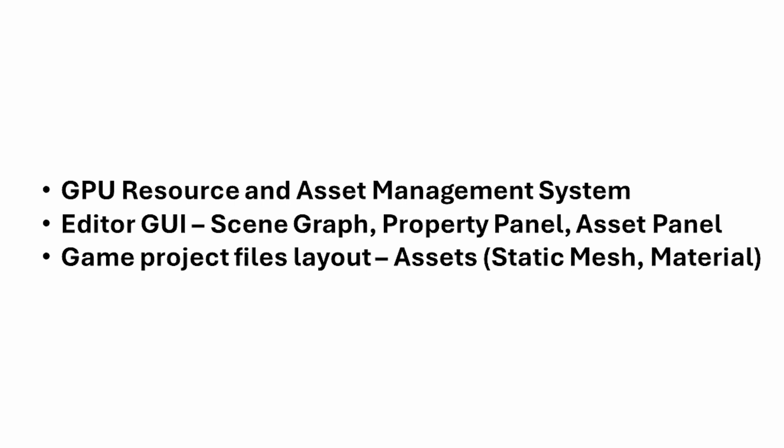I added some code to show the scene graph, entity properties, and assets. The last one is the file layout of the game project, specifically assets file layout like static mesh or materials layout. Let's take a look at them carefully.